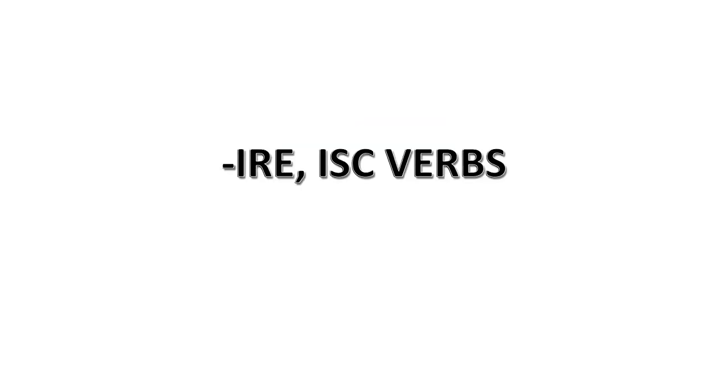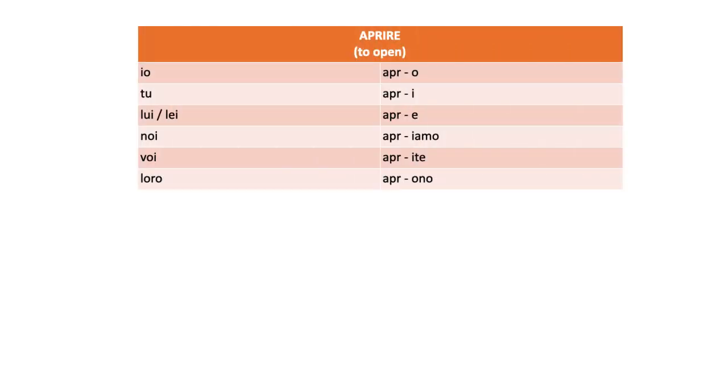So, first, I'm going to remind you of the normal ire verbs. This is a standard ire verb. In fact, it's the one we used as an example for the last video. Aprire, right? Io apro, tu apri, lui apre, noi apriamo, voi aprite, loro aprono.